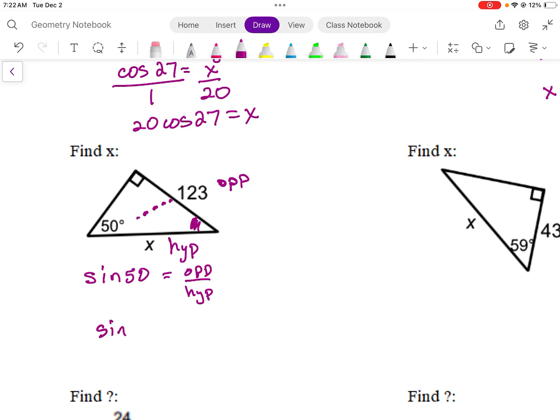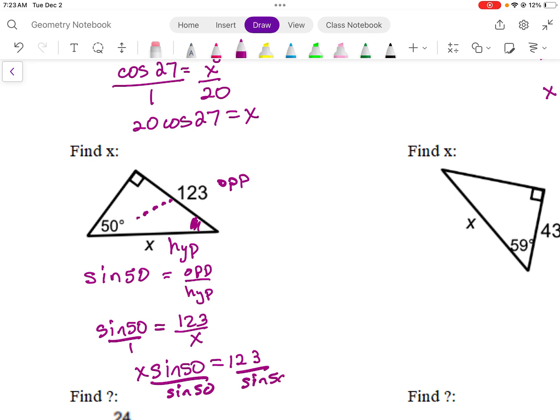So sine of 50 is opposite, which is 123 over x. Cross multiply. X times the sine of 50 is equal to 123. Divide by the sine of 50. And 123 divided by the sine of 50 is 160.57. X equals 160.57, which is good because it's longer than 123.